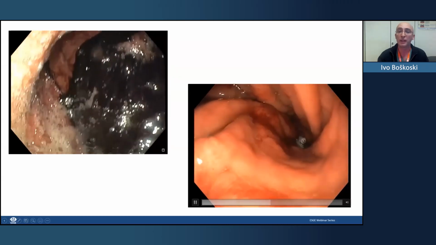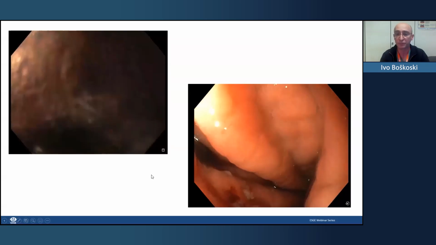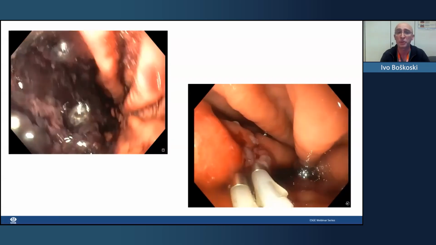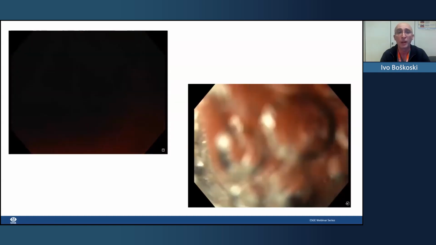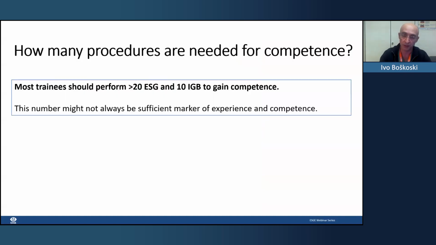You see here 2 clips were placed on the site of the bleeding, and the situation was recovered. But this can happen during the procedure. You can have perforations and so on with any kind of device. Of course, turns of the helix device, ring, the OverStitch procedure should be done in a certain manner. So this is why training is very important.